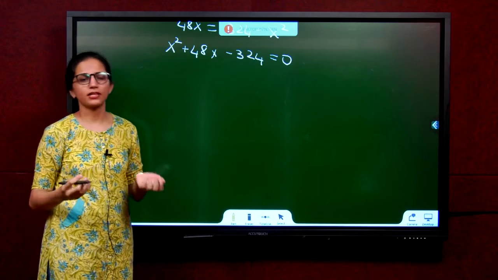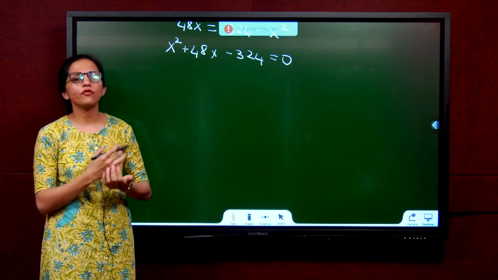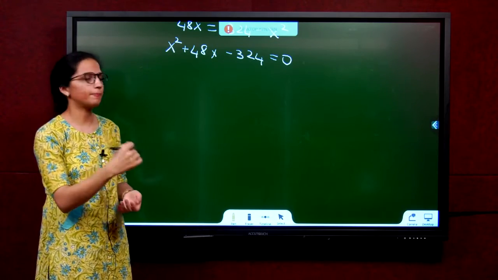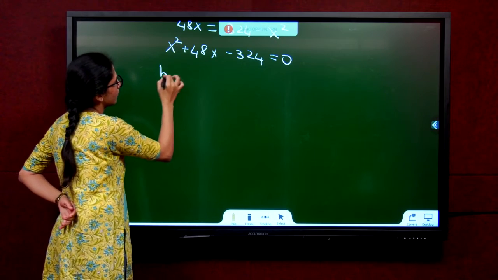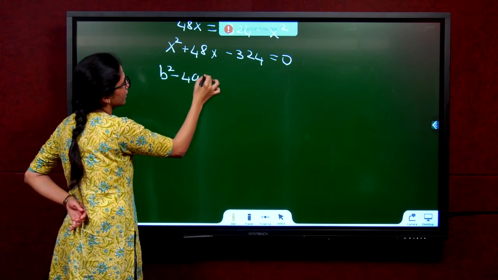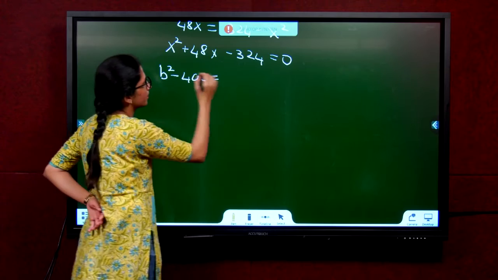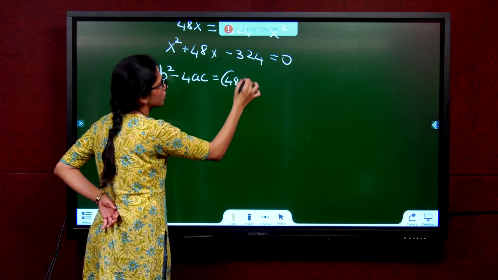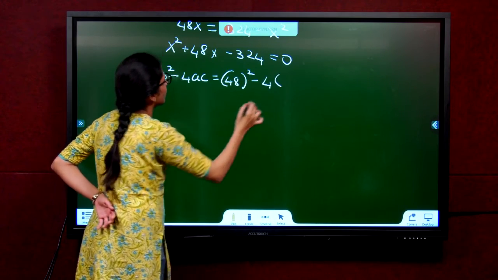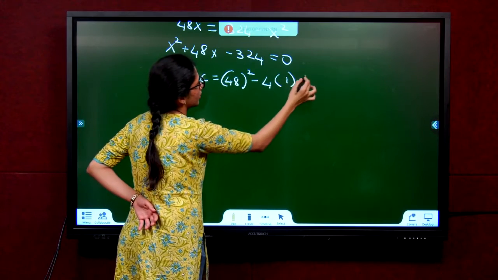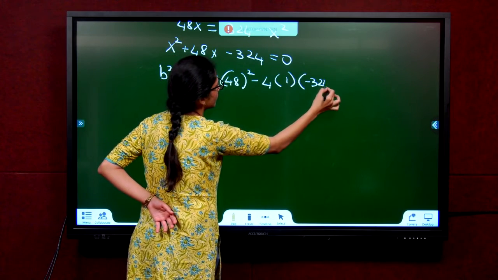You can directly apply the quadratic formula, or you can go for b square minus 4ac first and then apply the formula. We will find b square minus 4ac first. B square minus 4ac is equal to b square, 48 whole square, minus 4. What is a? 1. What is c? Minus 324.